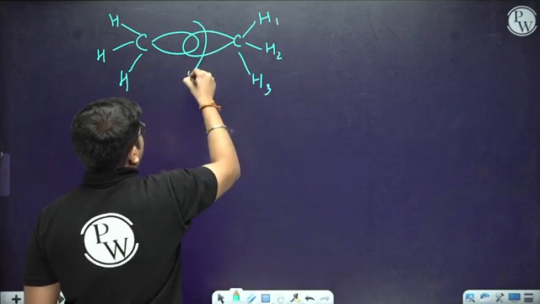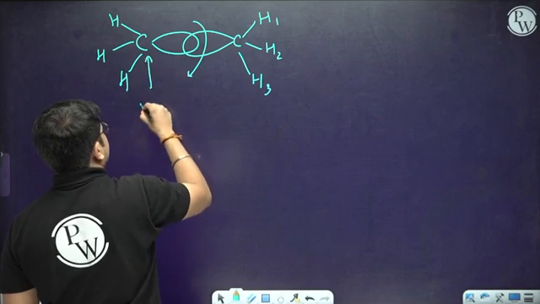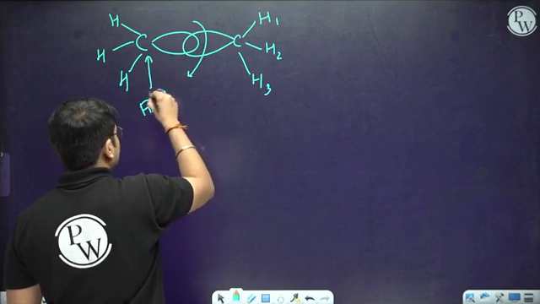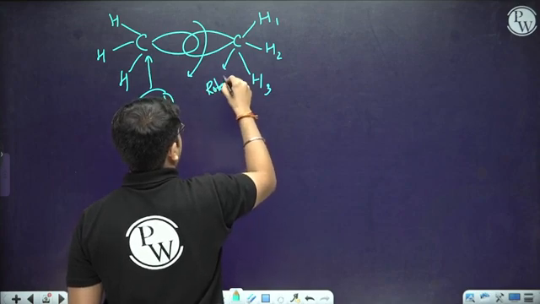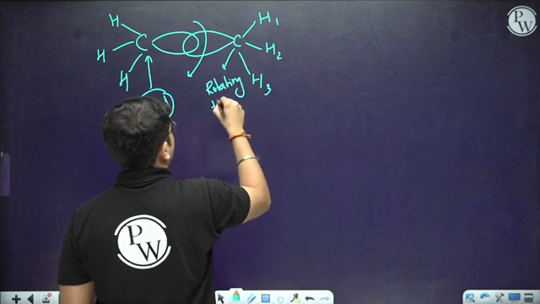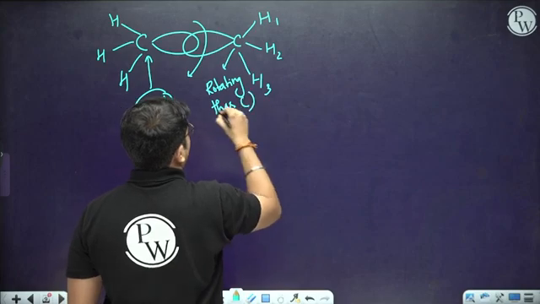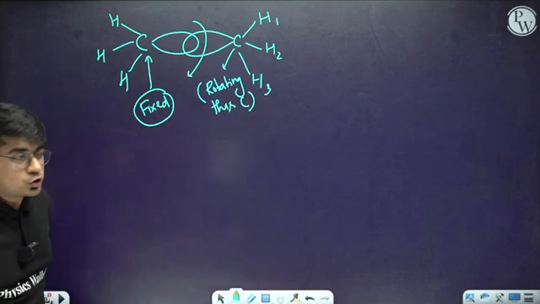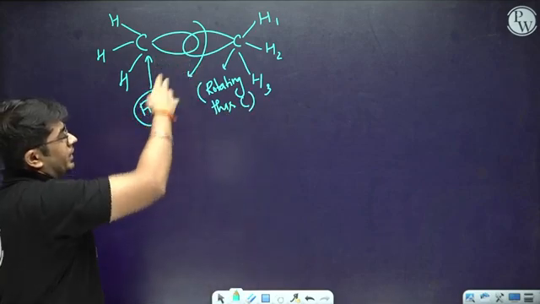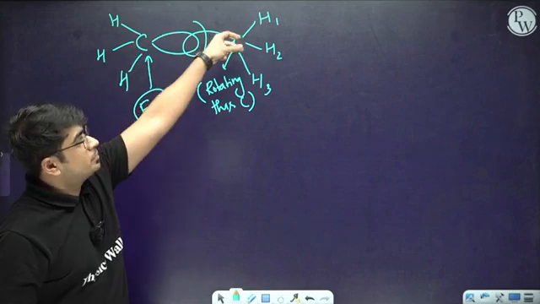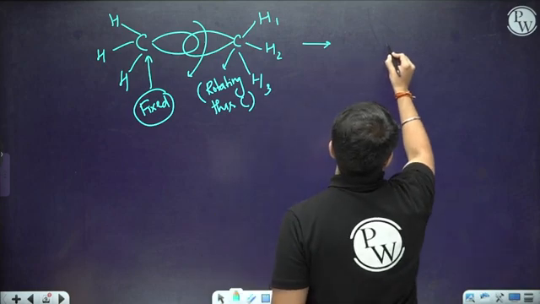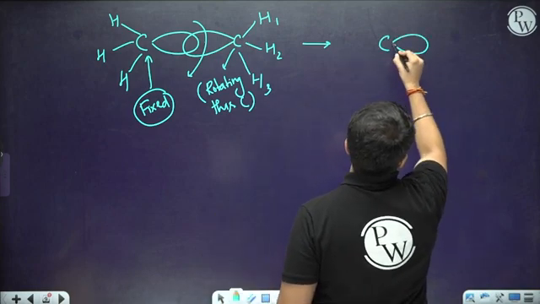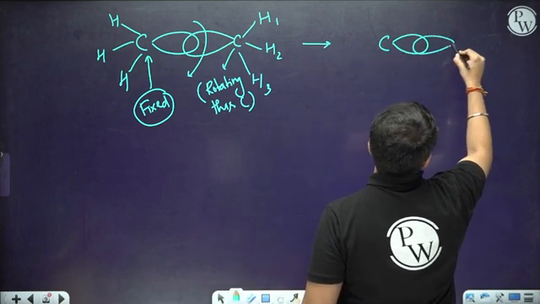This carbon is fixed, and I am rotating this other carbon. First part is fixed, second part is rotating. What happens? You can see there might be a chance that it's going to look like this.